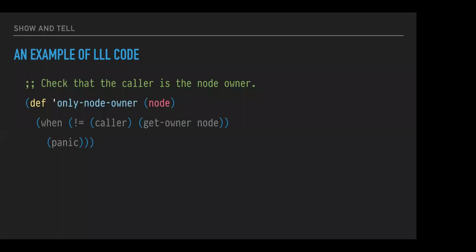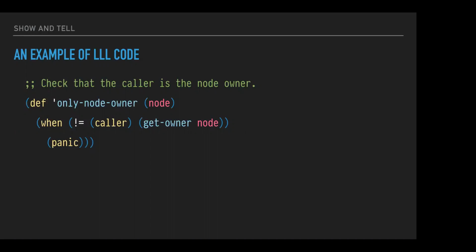And macros can take parameters, multiple, but in this case, it's just the one, which is the node's ID that we're checking. And the rest of the code is what will be substituted when the macro is invoked. So when you use only node owner in your source, the part from when to panic is what will be inserted into your code, the bytecode version of it, of course.